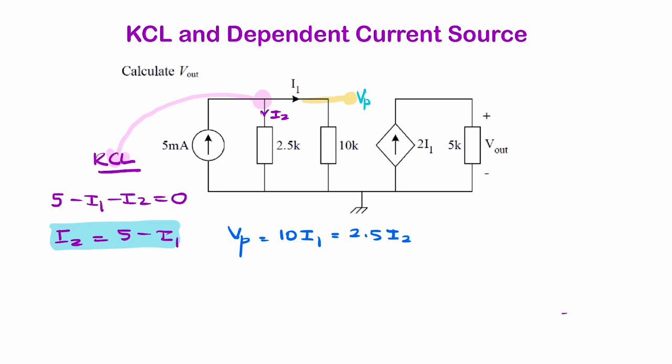So now we have two unknowns, and that's where the equation we just found using KCL will come in handy. I can say 10 I1 equals 2.5 times (5 minus I1).